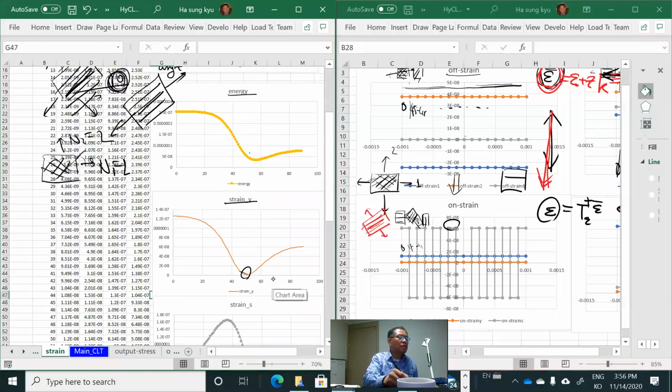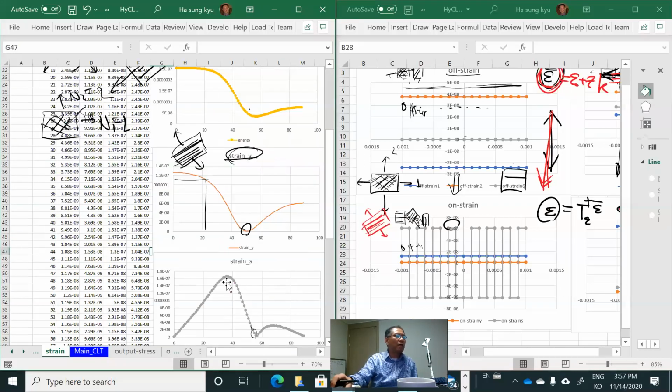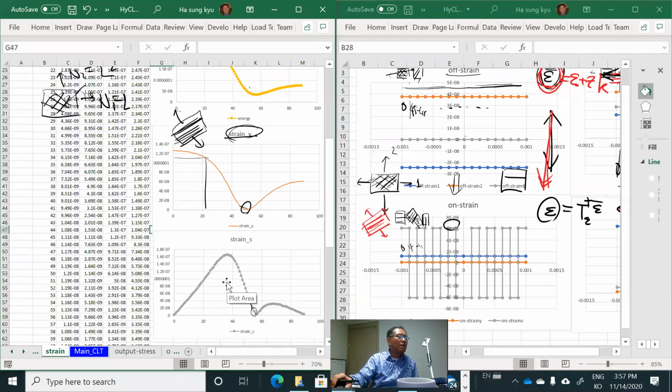And look at this, strain Y. Strain Y is in this direction. This is very weak. It may fail very quickly because the matrix cannot support much load. So in terms of strain Y, at a certain angle the strain is really high, which may not be good. We don't know yet, but this may cause some problem.